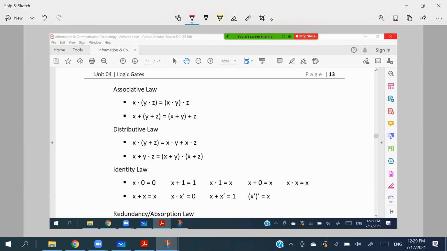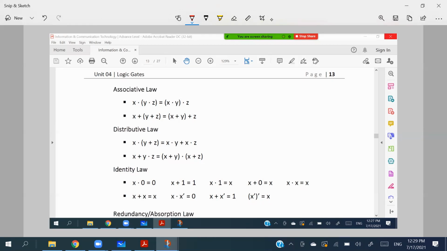Okay, so then we are going to talk about the distributive law. Now here you have something to learn. You may have learned one of the distributive laws from your mathematics subject. But there is a distributive law which teaches you a different way of thinking about the distribution.